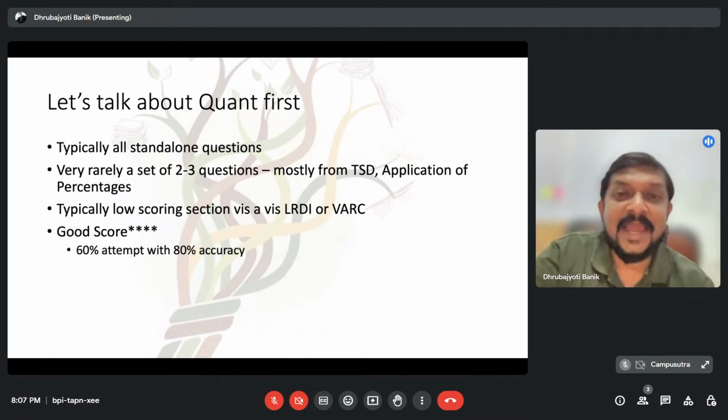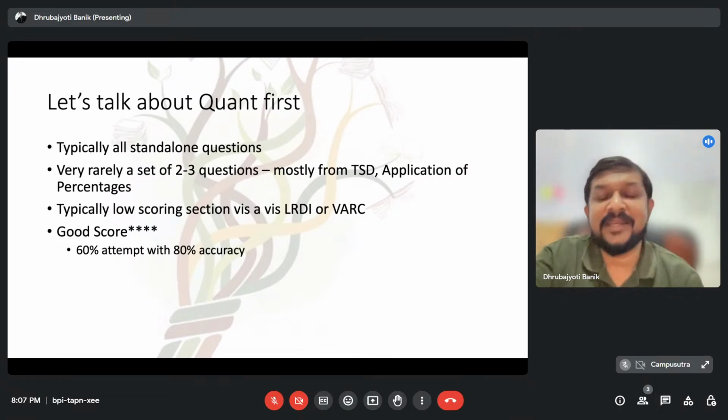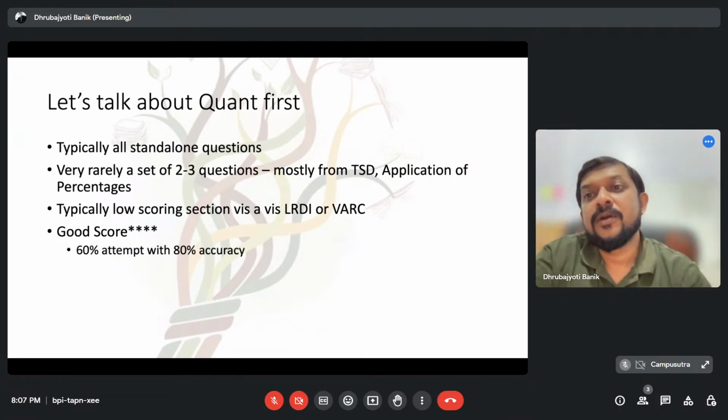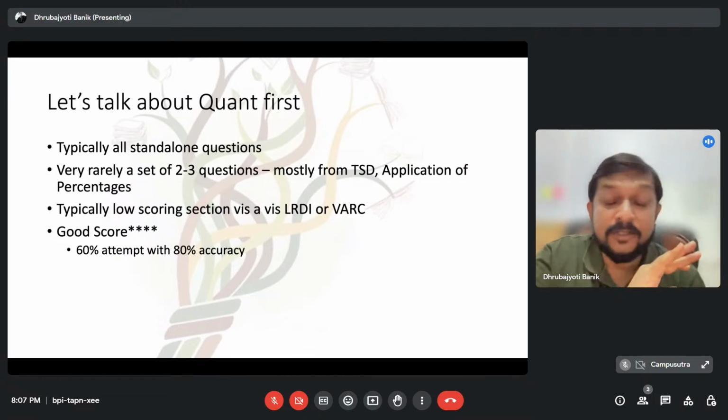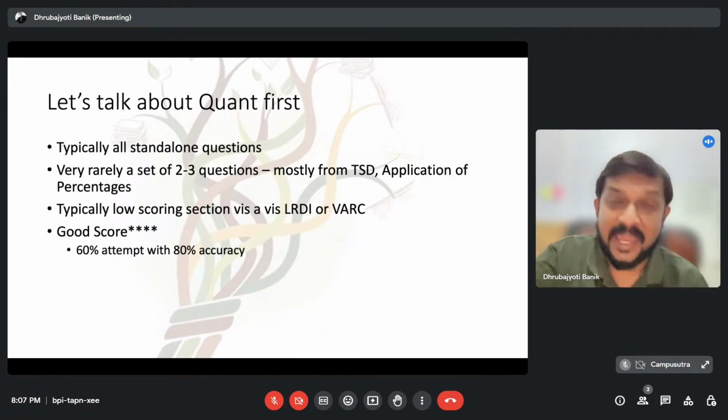vis-a-vis LRDI and VRC. Okay, if you look at the history of CAT, because of the 2.5 3 lakh people who will be writing, incidentally almost 3.3 lakh people have filled up the CAT form this year.